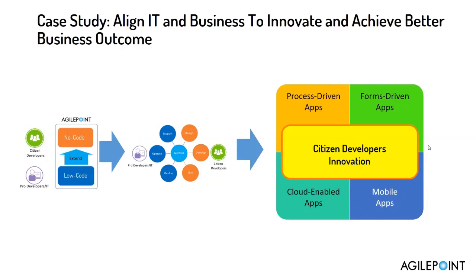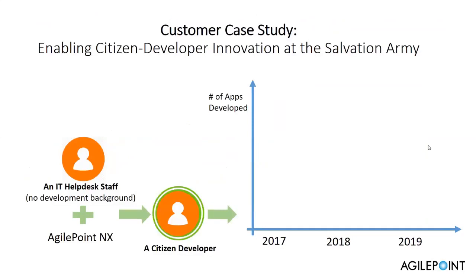Now, if you're like many of the others on the line with you today, you're looking to grow the talent pool for building these custom apps. And a great way to do that is by tapping power users, sometimes referred to as citizen developers. This slide is an excerpt from a webinar that we did with the Salvation Army and Forrester Research about a year ago, and is a great testament to what can be achieved with AgilePoint in the hands of a less technical user.